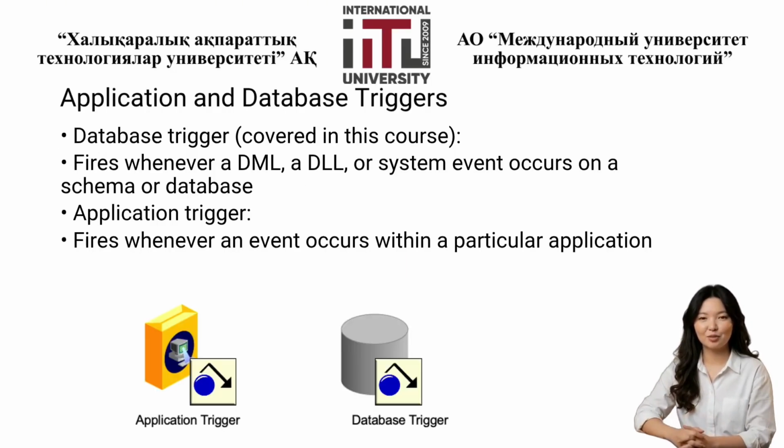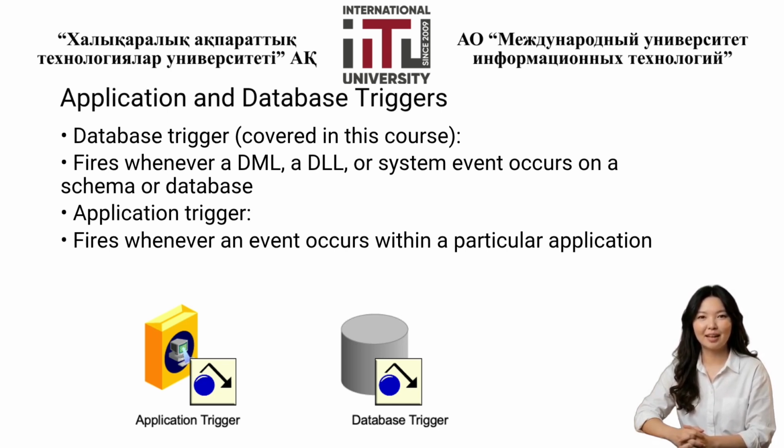This slide distinguishes between application triggers and database triggers. A database trigger, which is the focus of this course, is executed automatically when events occur within the database, such as DML operations, insert, update, delete, DDL statements, or system events. These triggers operate at the database level and are used to enforce rules and maintain consistency.